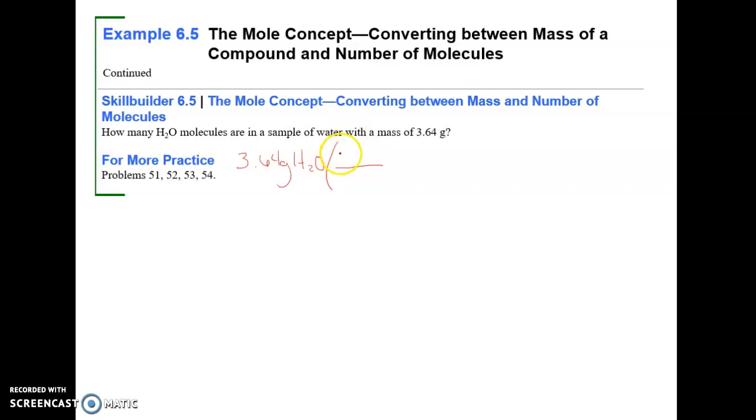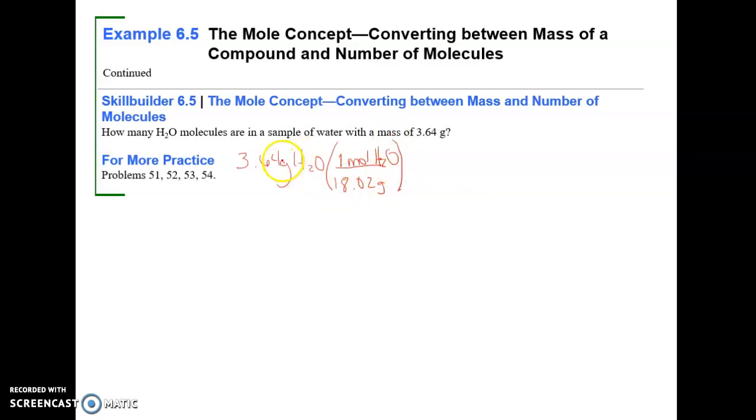The molar mass of water is, 1 mole of H2O is 18.02 grams. And all I did was look up the molar mass of 2 hydrogens plus the molar mass of 1 oxygen and add them together.